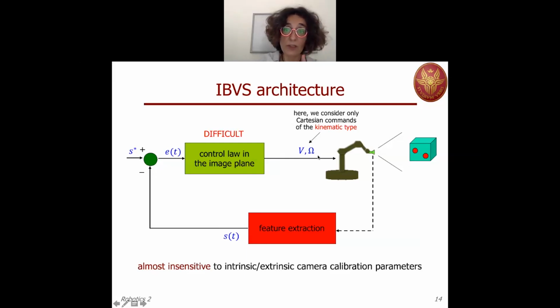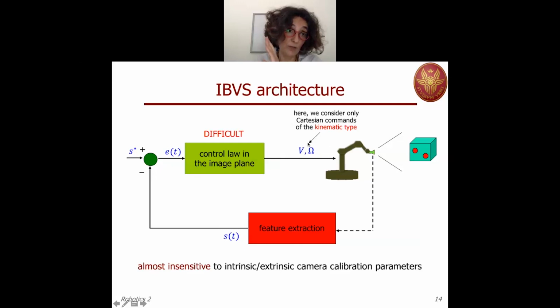Here, actually, there is one more step. This step is hidden in this scheme because V and omega, the output of this block, is the velocity of the camera. So there is one more step. Here we have V and omega, which are the velocity of the camera, which is at the end of the manipulator.